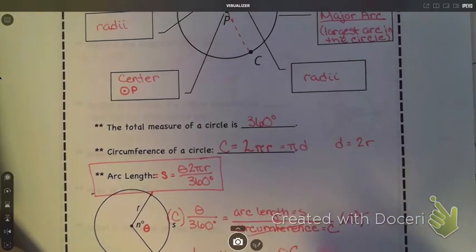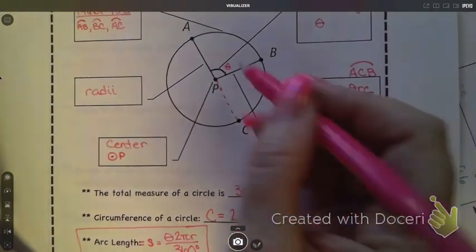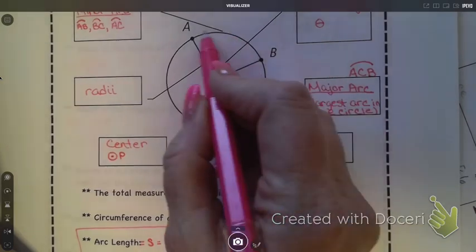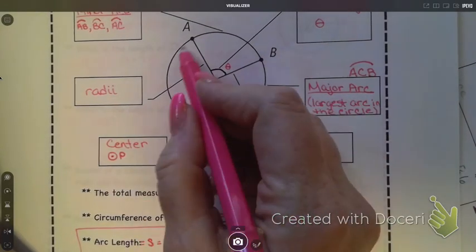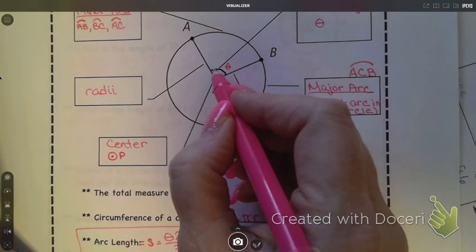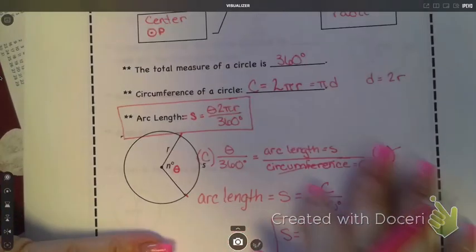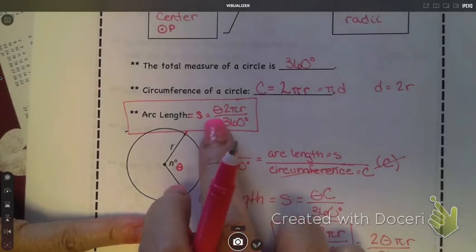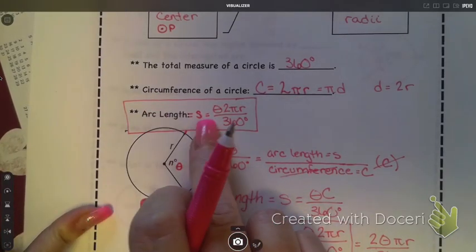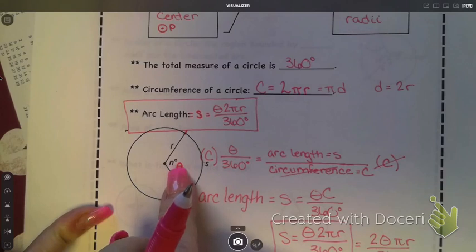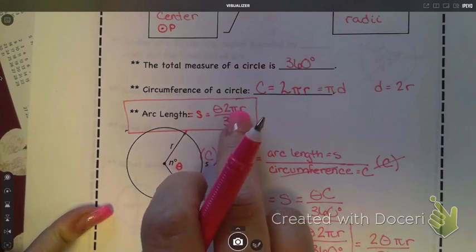Okay, so we use the fact that an arc length or a sector was a proportion, like a fraction of the circumference, yes? And the central angle was a fraction of 360. So we set it up and found that the sector length is s, we use that variable, is theta, which is the central angle, times 2 pi r over 360.